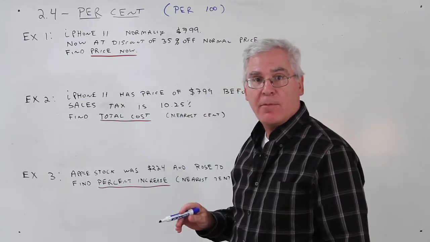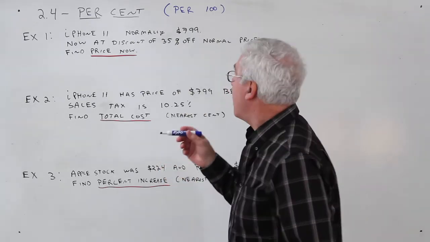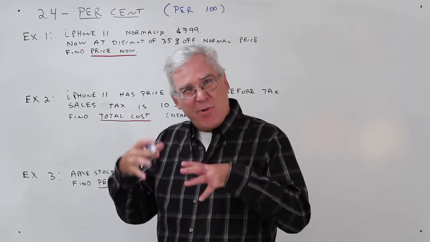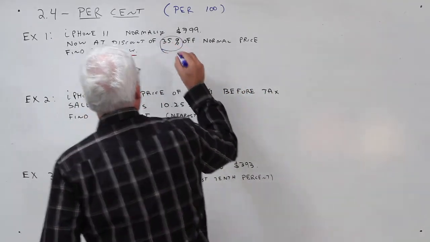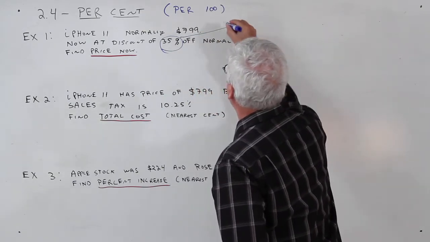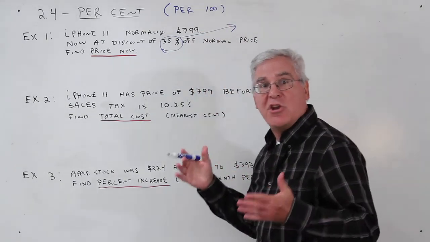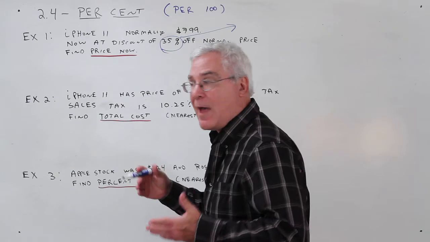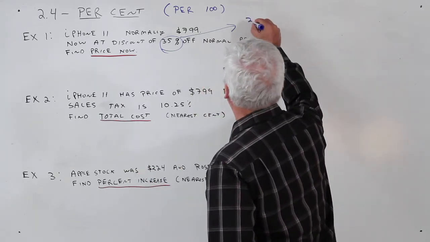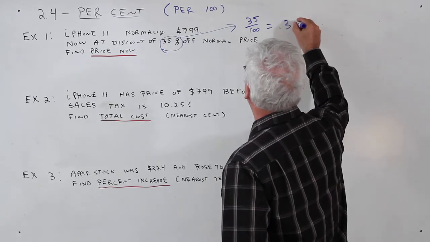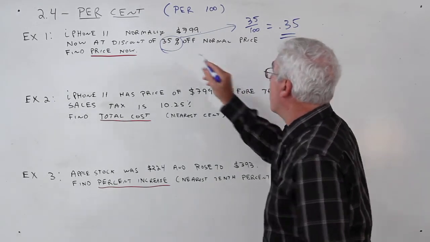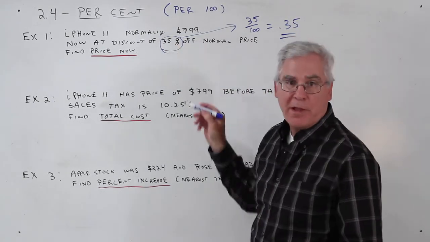Find the price now. All right, so when doing calculations, you typically don't want to have a percentage, but a decimal. So 35%, the very first thing I'm going to do is make that a decimal. To do that, you just divide by 100. So 35 divided by 100 is the decimal 0.35. You could also just move the decimal 2 places.